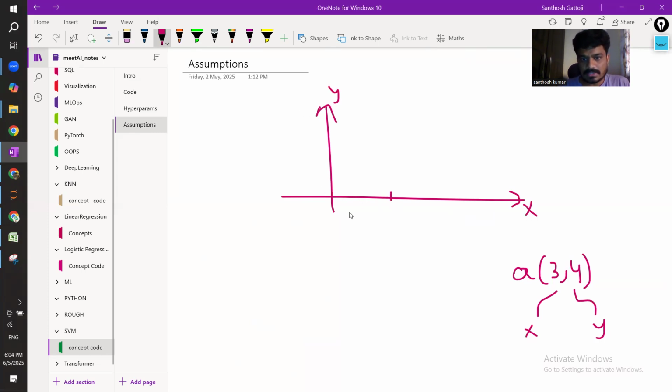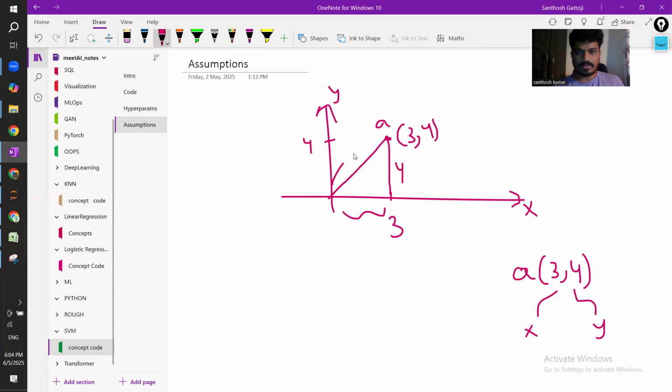This is 3 and this is 4. This A is called 3 comma 4. That means on one dimension it has 3, on the other dimension it has 4. But if you want to calculate the magnitude of this, it is simple Pythagoras theorem, because this is 3 and this is 4.